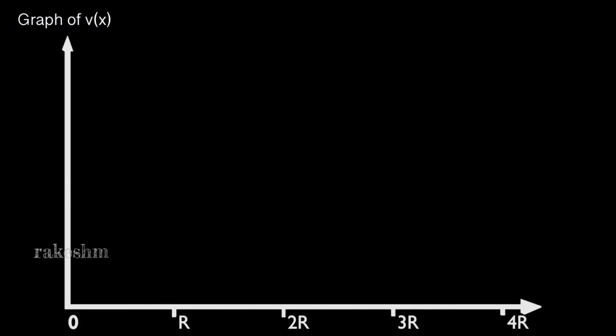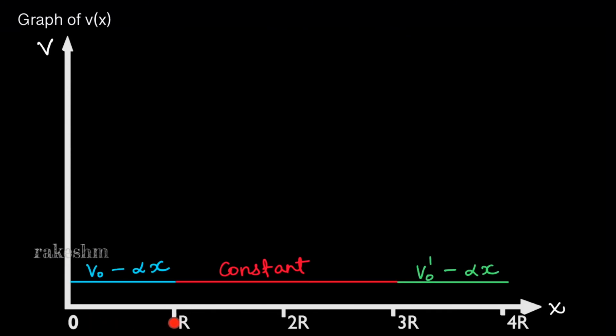Let us now plot the graph of velocity as a function of x. So from 0 to R, we have the velocity as v0 minus alpha x. From R to 3R, we have seen that the velocity is constant as no force was acting. Now from 3R to 4R, we know that the equations are similar as from 0 to R, and the velocity profile will be the same.